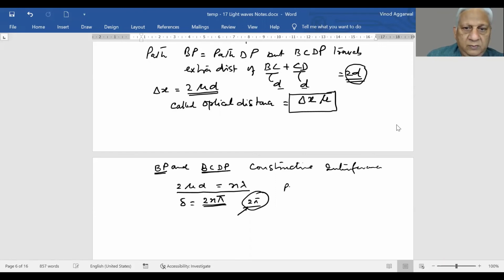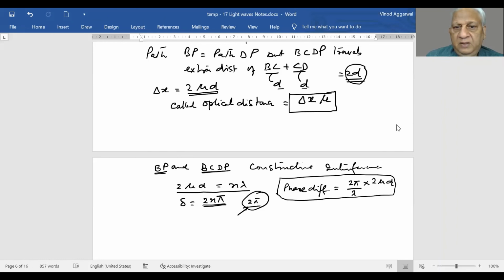And we also know phase difference is also given as, if the path difference is a lambda, that means there is a 2 pi phase difference, so 2 pi by lambda into path difference, which is 2 mu d. So the phase difference and path difference are defined like this.